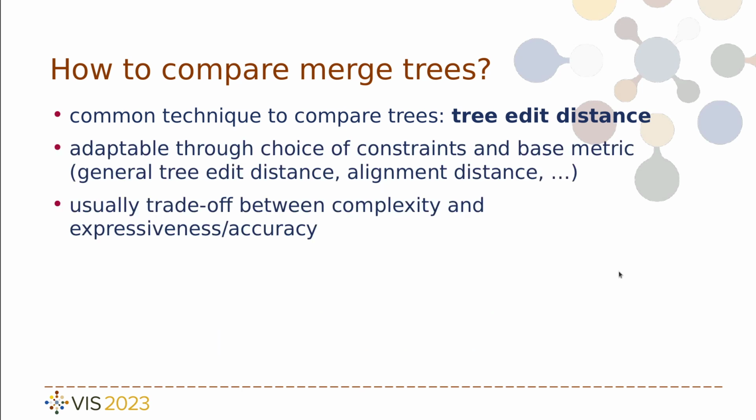Okay, but it's not just one tree edit distance. There are actually many different variants based on which edit operations are allowed and so on. For example, there's the general tree edit distance, there's the alignment distance. And usually this is a trade-off between the computational complexity of computing the distance and its expressiveness or accuracy.